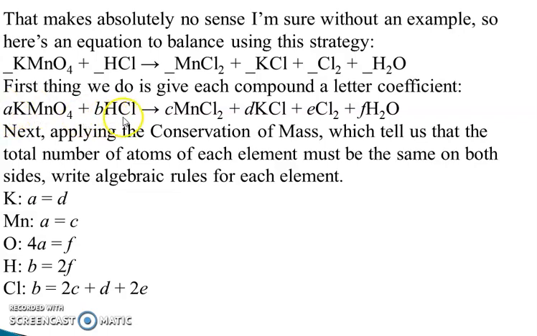In front of hydrochloric acid we kept B. After the reaction, along with MnCl2 we put C. We kept D along with KCl, E along with Cl2, and similarly F along with H2O.